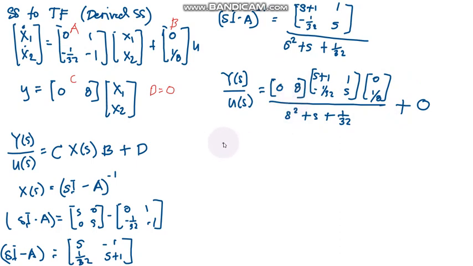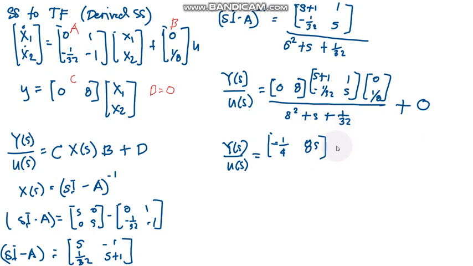So, simplifying, all we need to do is just to simplify. This 0 times this is 0 plus this times this, 8 times negative 1 over 32. So that is 8 over negative 32, so that will be negative 1 over 4. That's the first element. And then 0 times 1 plus 8 times s, so that will be 8s.